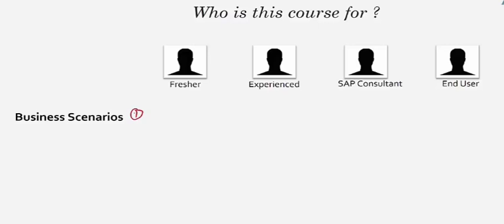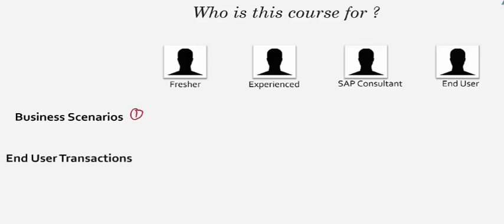When I mean business scenarios, we're saying, for example, in SAP MM, what is a purchasing cycle? Who is a vendor? What is planning? What is MRP? How is invoices received? What is logistics invoice verification? These are all business scenarios.